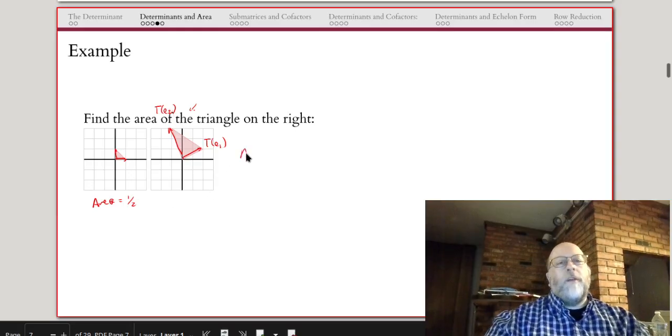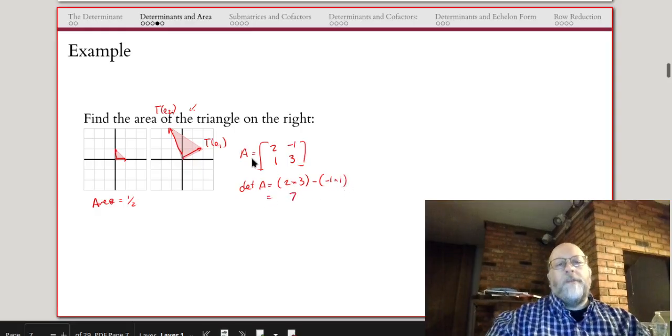And the matrix for this transformation, E1 transforms into the vector 2, 1, and E2 transforms into the vector -1, 3. The determinant of this matrix is 2 times 3 minus -1 times 1, and that's 7.